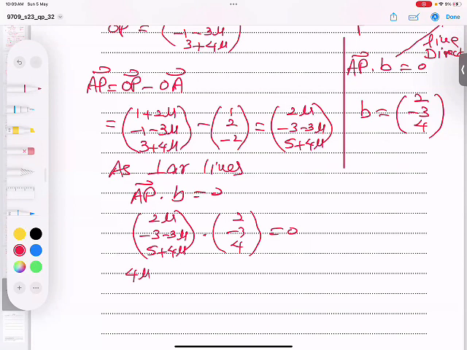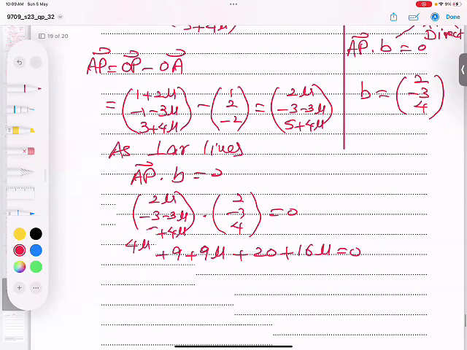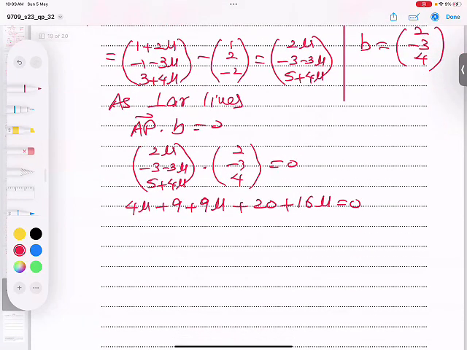This is -3 multiplied there, negative times positive, 3 threes are 9, plus 9 mu, and 4 fives are 20, 4 fours are 16 mu, is equal to 0. So 16 plus 4 is 20, 29 mu, and this is also 29. It goes there, minus 29, and the mu value becomes -1.